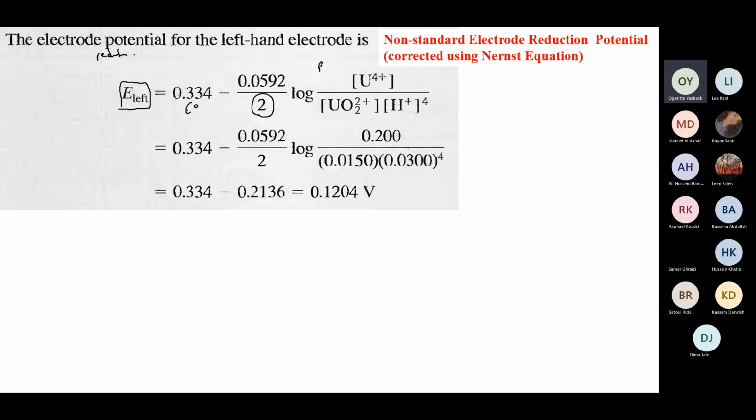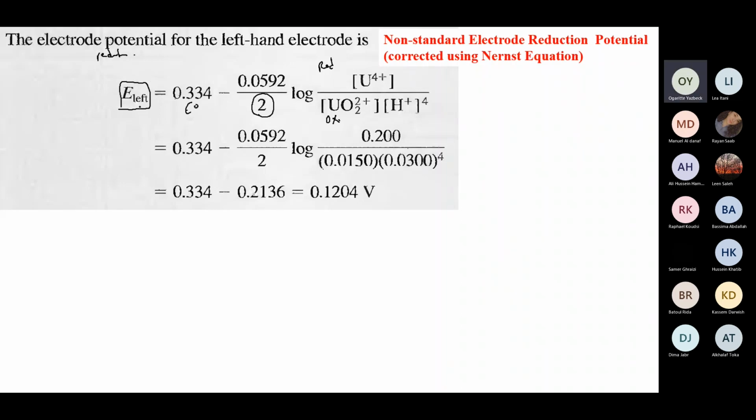Minus sign means the reduced form over the oxidized form. UO2 is the oxidized form. So U4 plus over UO2 2 plus, H plus to the power 4. This is in the reduction reaction. Okay.